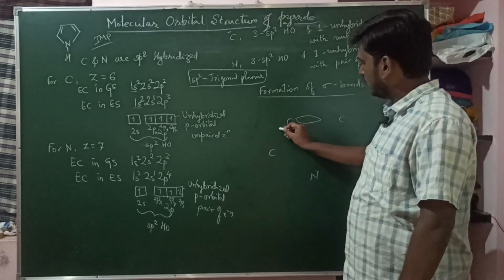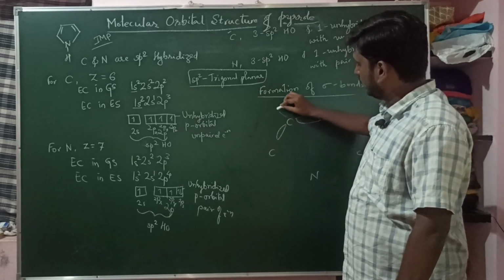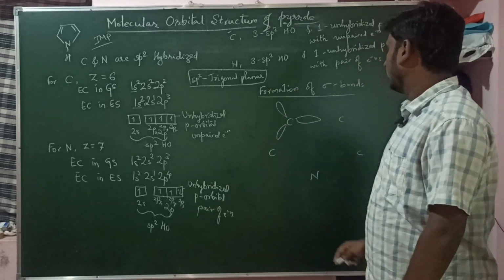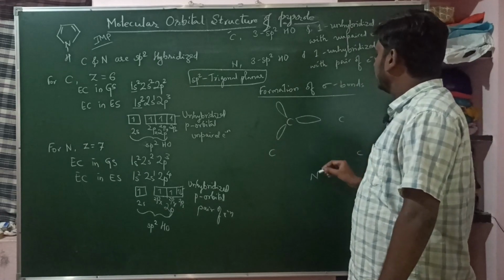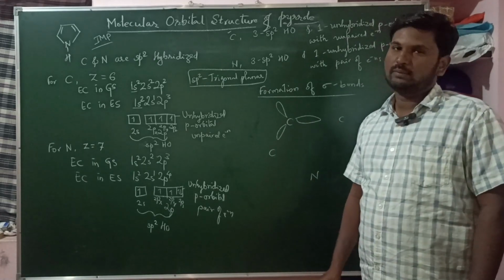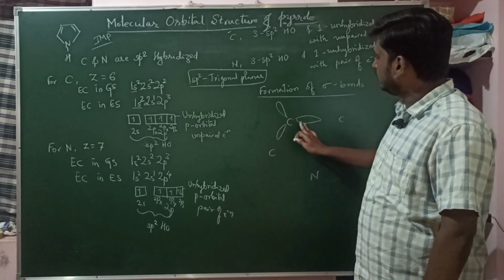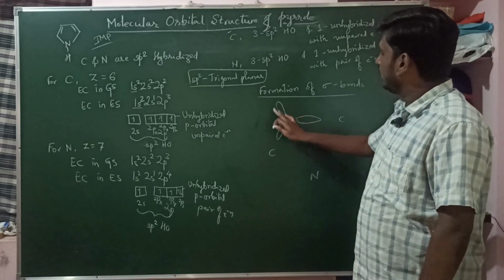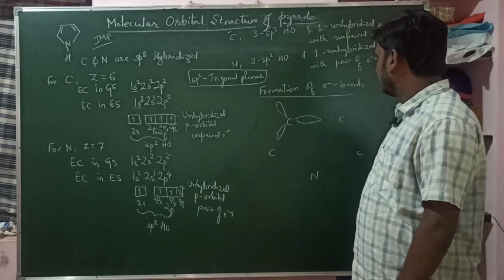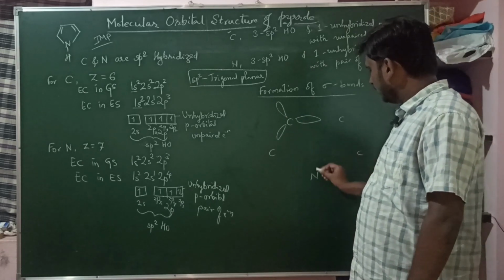I am not writing the small lobes, only the larger lobes. All carbons and the nitrogen will have the same geometry. These three are the sp2 hybridized orbitals of carbon, and nitrogen has the same.